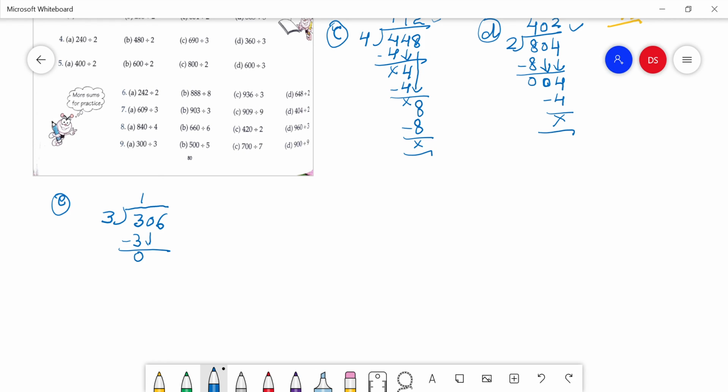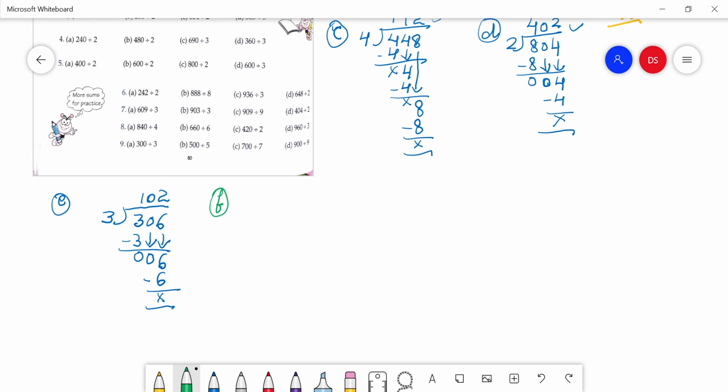Next digit is also 0. So we will keep it on the quotient place like this, because 3 0s are 0. And the last digit is 6. 3 2s are 6. 6 minus 6 is 0. Or we can put a cross sign. The answer is 102.